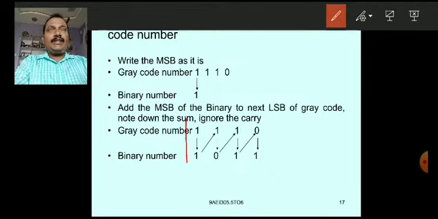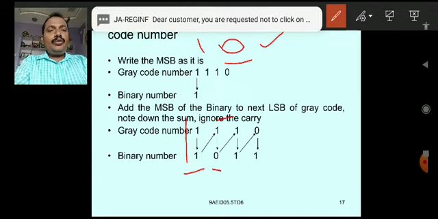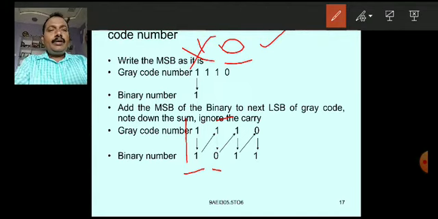What are the diagonal bits? Here 1, here 1. These two bits must be added. Write the sum here and neglect the carry. So 1 plus 1 is 10. This is the sum you have to consider. You have to discard this carry, hence 0.